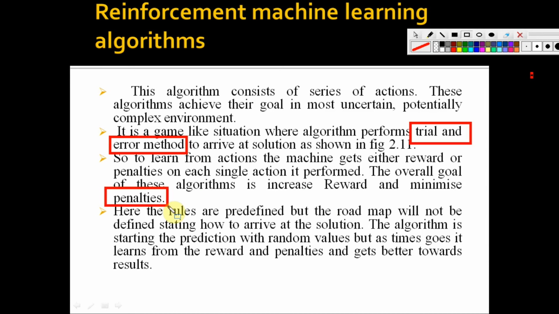By doing this, it will be able to increase the accuracy of the algorithm. So now it makes sense, right?